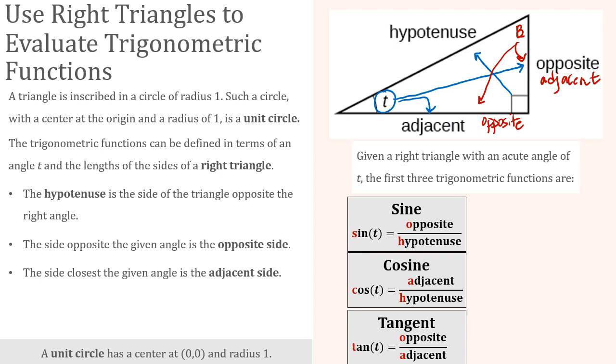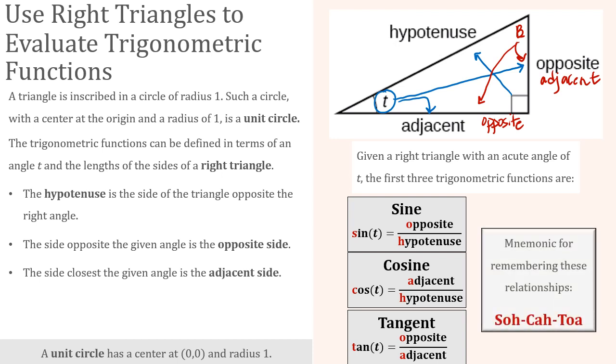Now you'll notice that some of these letters are in red, and that's because there's a mnemonic device for remembering these relationships. You may have heard this before because you do see it a lot. People will say things like SOHCAHTOA. What SOHCAHTOA says is that the S stands for sine, the C stands for cosine, and the T stands for tangent.